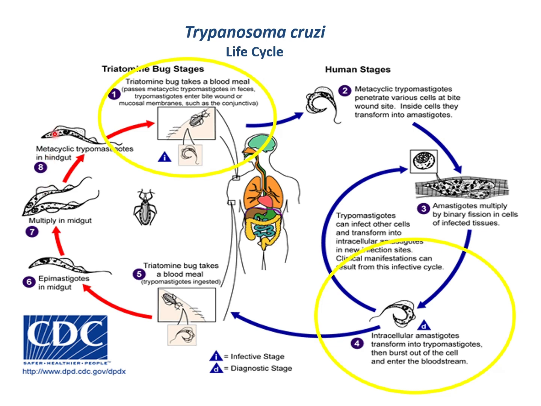They will transform into epimastigotes within the midgut of this triatomine bug. They will divide by binary fission, and then they will transform into metacyclic trypomastigotes in the hindgut, which is the posterior part of the intestine of the triatomine bug, and these metacyclic trypomastigotes will be liberated upon defecation of the triatomine bug in the wound it created whenever it takes a new blood meal.